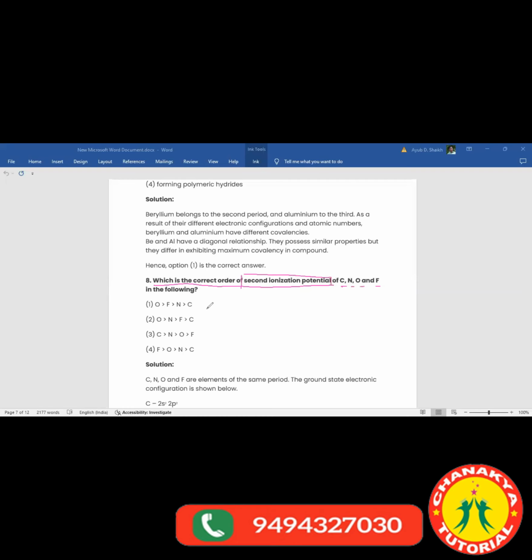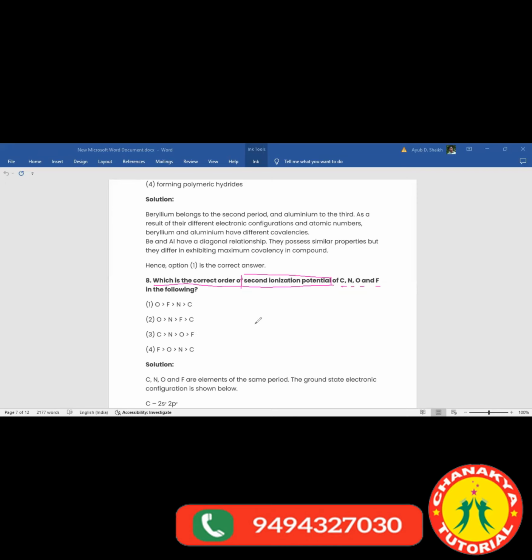What do you mean by the first ionization potential? The amount of energy required to remove one electron from the outermost shell. And the second ionization potential means the amount of energy required to remove the second electron, after the first is already removed. That is the second ionization potential.